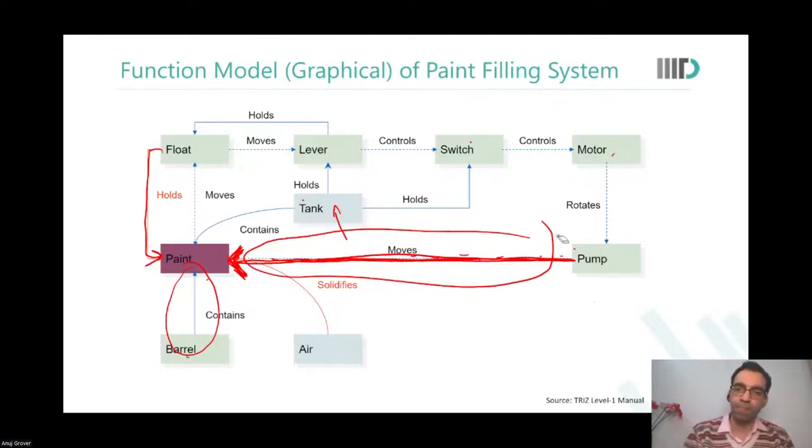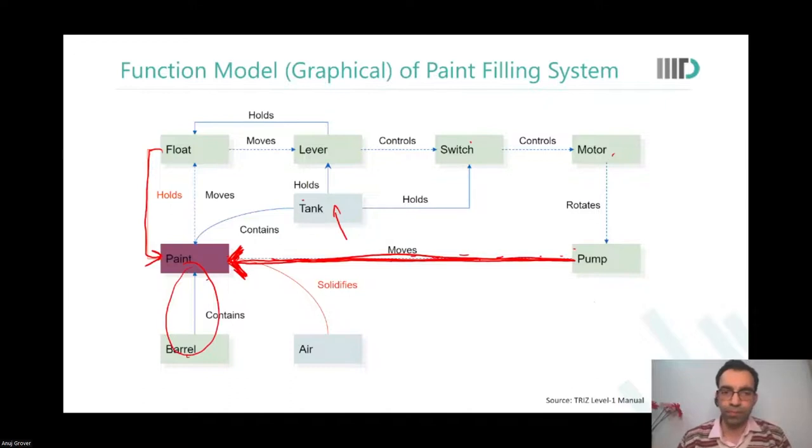Okay, is that fine? And in normal lines, they are doing the normal function. Yeah, they're doing normal functions. Red colored lines are doing harmful functions.